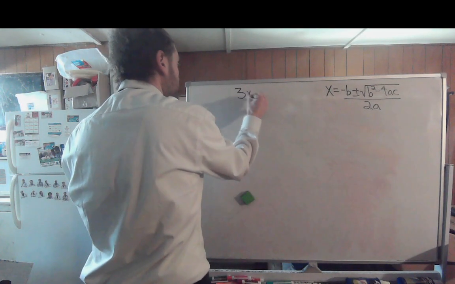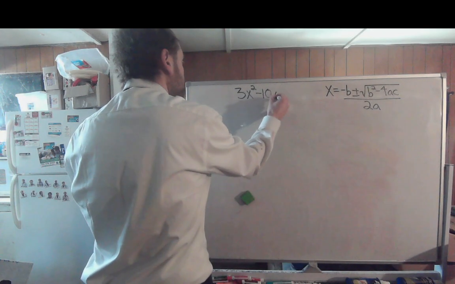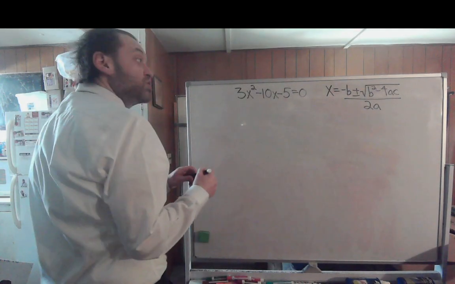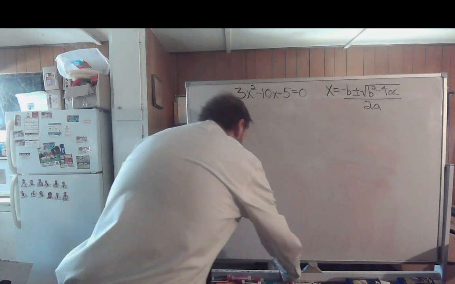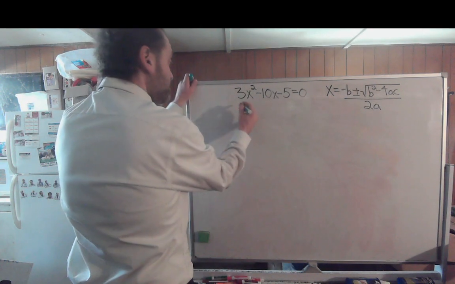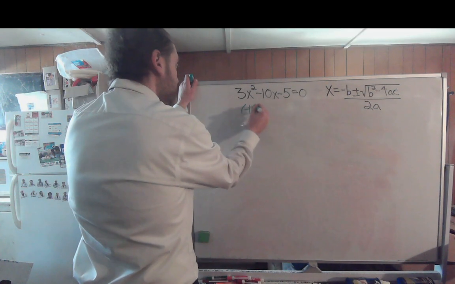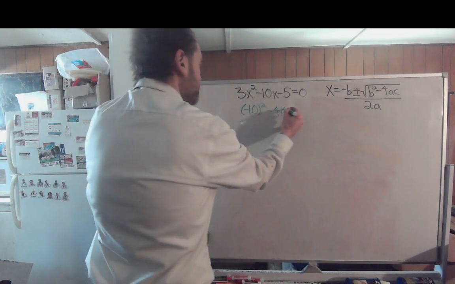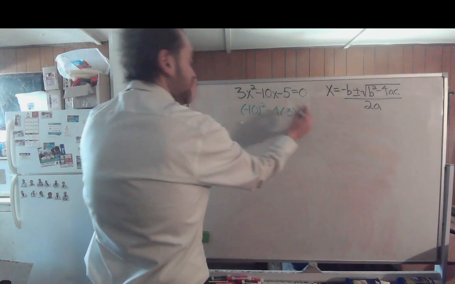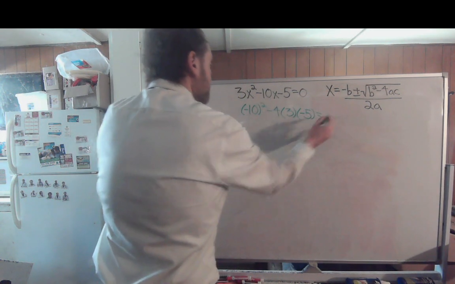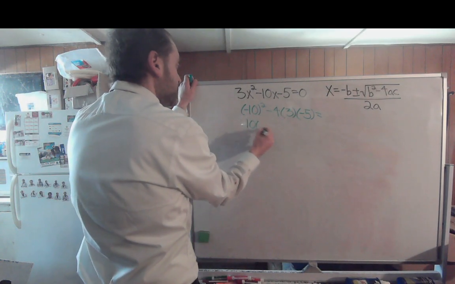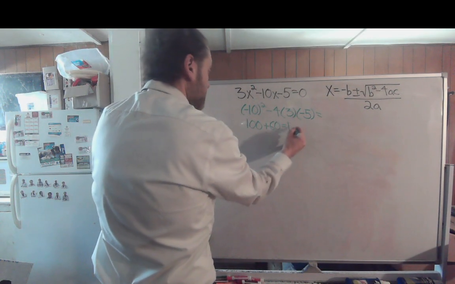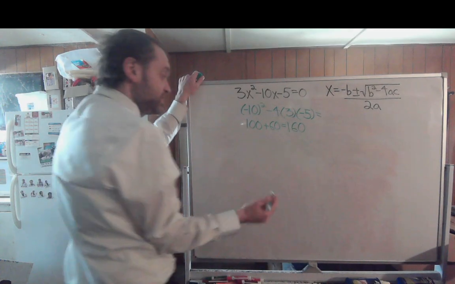3x squared minus 10x minus 5 is equal to 0. So take the discriminant, which would be b squared, so negative 10 raised to the second power, minus 4 times your a of 3 times your c of negative 5, which would end up giving you 100 plus 60, which would give you, of course, 160, which is definitely greater than 0.